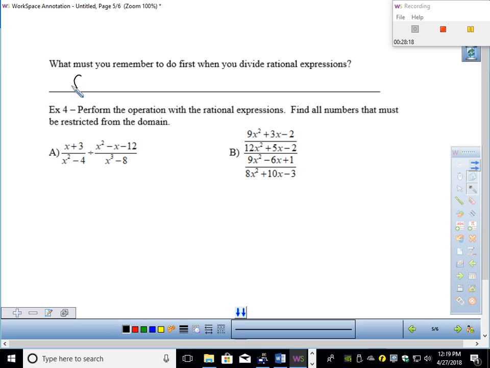And here's what I wrote on my paper, and hopefully you'll agree with this idea, and we'll see it in action in just a sec. But we flip the second expression. Flip means basically changing it to its reciprocal. So flip the second expression and change that symbol to multiplication.